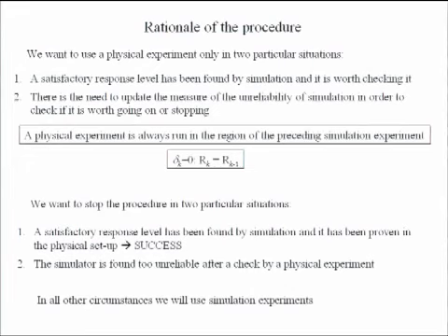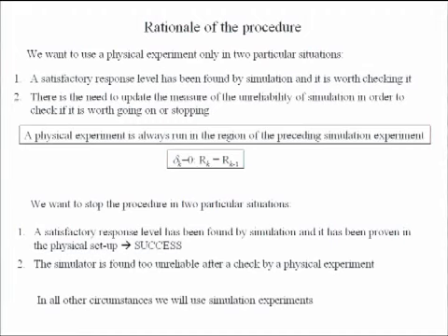In this situation, we have a satisfactory response level found in simulation, and then it's worth checking it on the physical system. Or we have suspicion that the simulation is so unreliable that maybe it's not worth going on with the experiment. So we could possibly stop there.